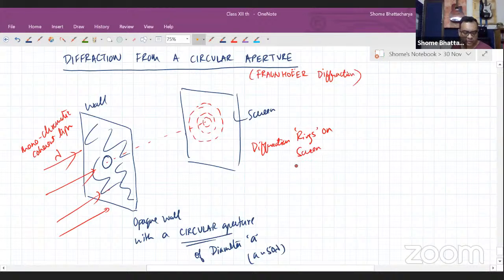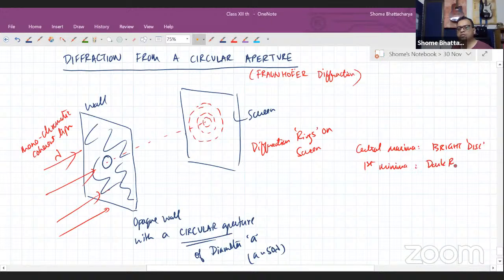Okay. With, like, we see a central maxima that is like a bright disk of light. Then the first minima is a dark ring around it.